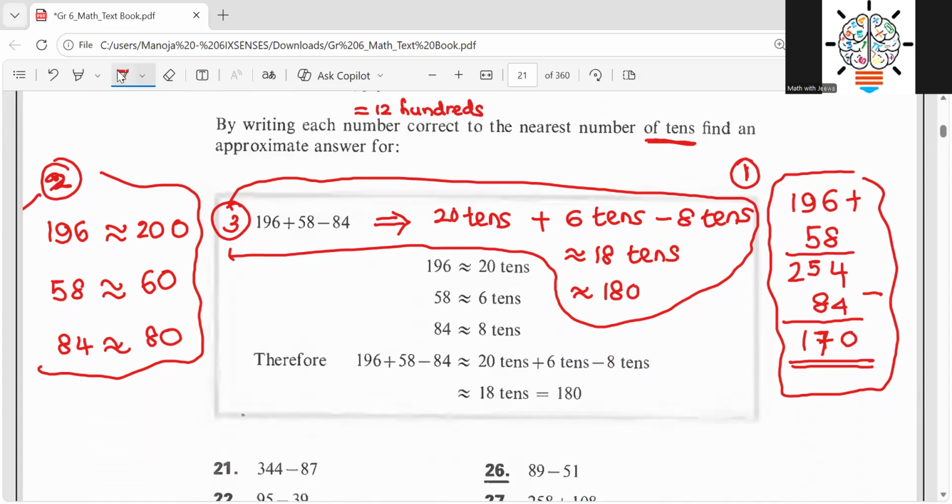So this is how you want to show it if you come across this kind of question. First, you find the real answer in the working column and you have an idea, okay, the answer should be closer to this. And then you go for the approximate value. They have asked here for the number of tens.